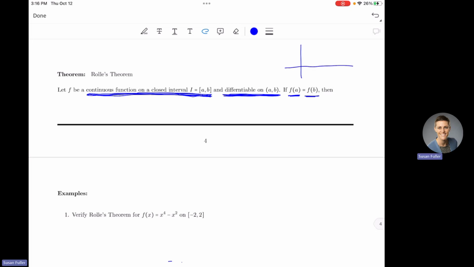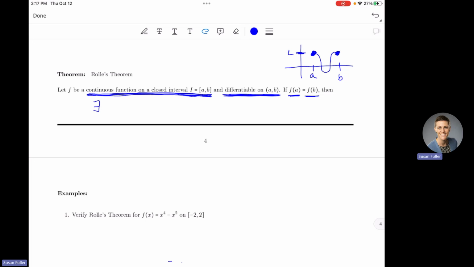I'm just going to draw a picture here to make sure I understand. Here's x equals a, here's x equals b. I have a continuous function from one side to the other, and we're equal at the endpoints. So let's say both of these y values are equal, and I'm going to call that value, I don't know, L. So if our endpoints are equal, and we have a continuous function in between, then there exists, I'm going to write this in math notation and then I'll put in the extra ones.